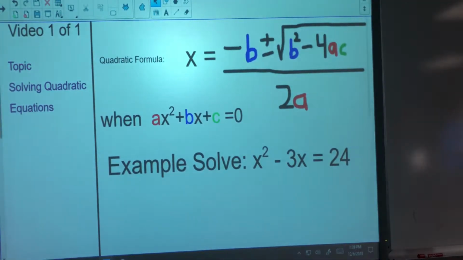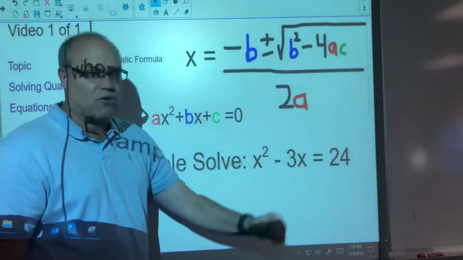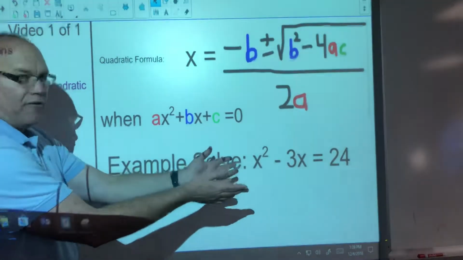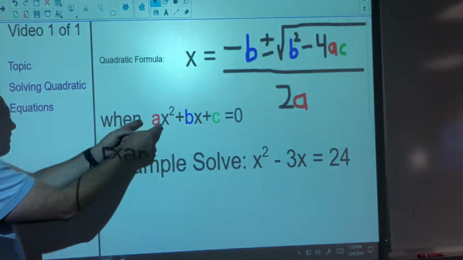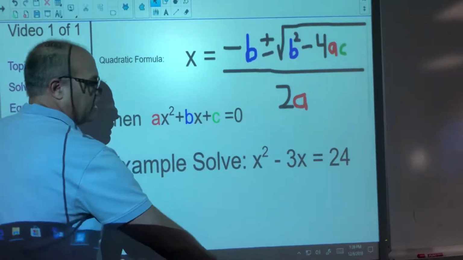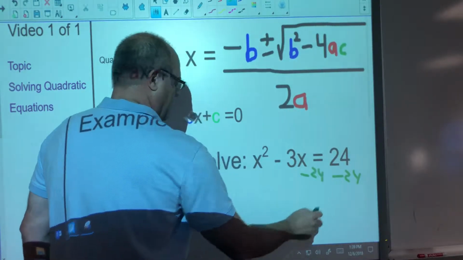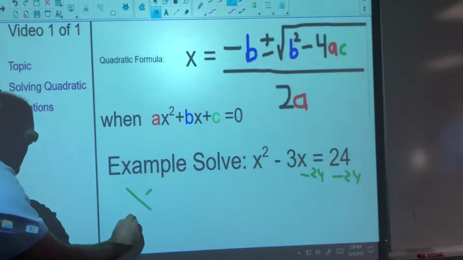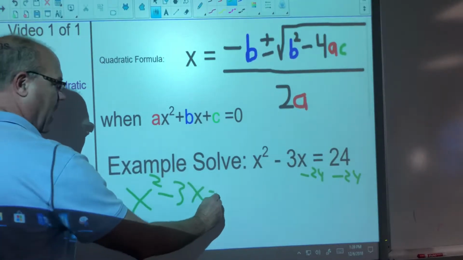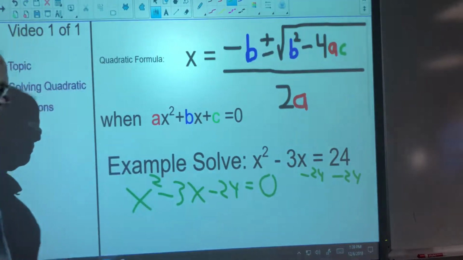All right. Example is going to be, we're going to solve x squared minus 3x equals 24. So your first thing is in standard form? Not quite, right? It has to be equal to 0. So the first thing we need to do on this one is we're going to subtract 24 from both sides. All right, so then we get x squared minus 3x minus 24 equals 0.